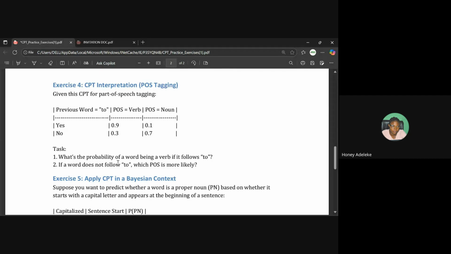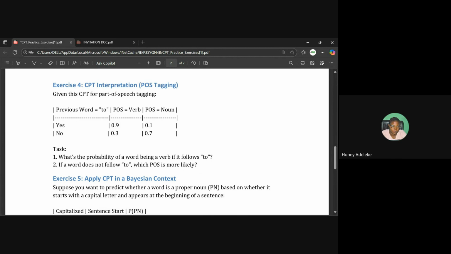Anyone? Okay, I think there is nobody. We all understand. Then the next question is, if a word does not follow to, which part of speech is it more likely to be?